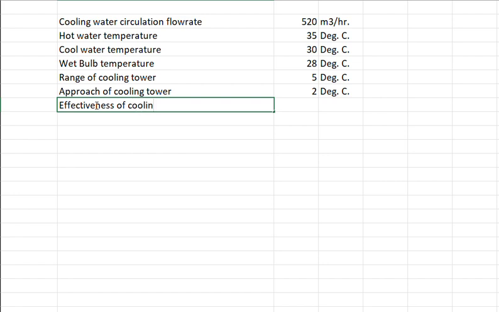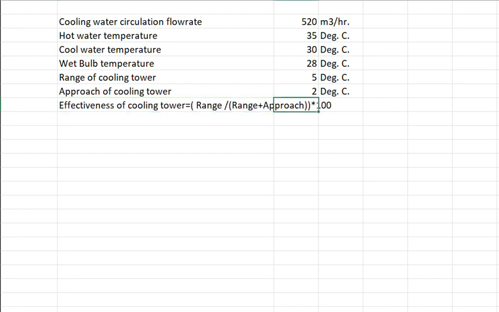Basically, effectiveness is equal to range divided by range plus approach, or you can simply multiply by 100 so that you get the effectiveness in terms of percentage.